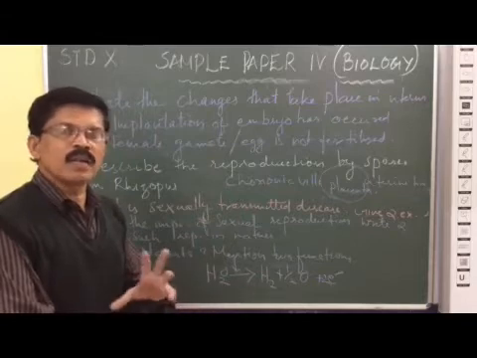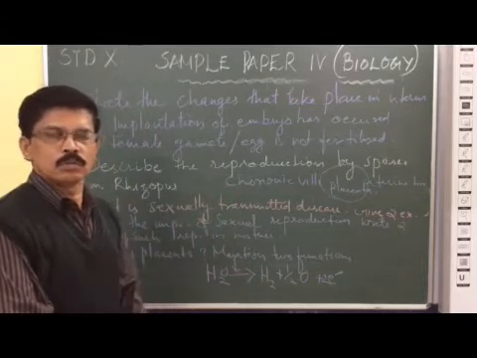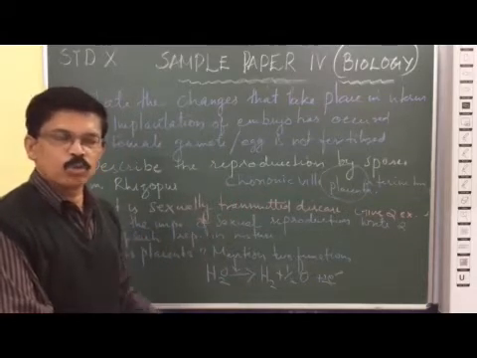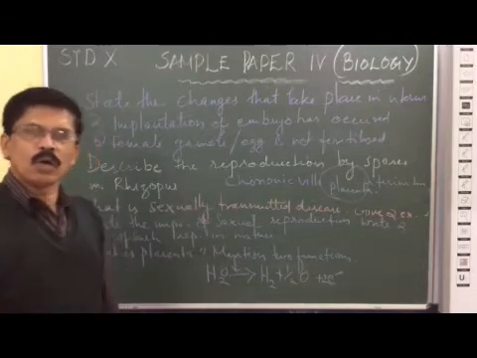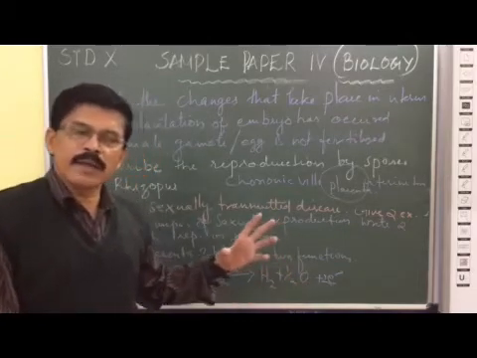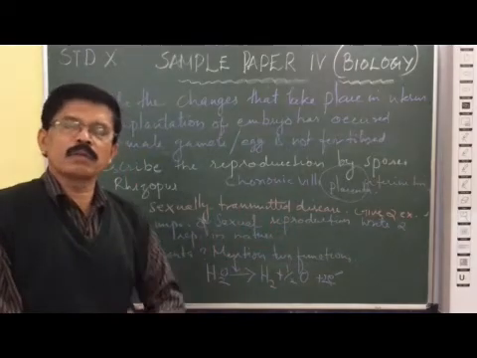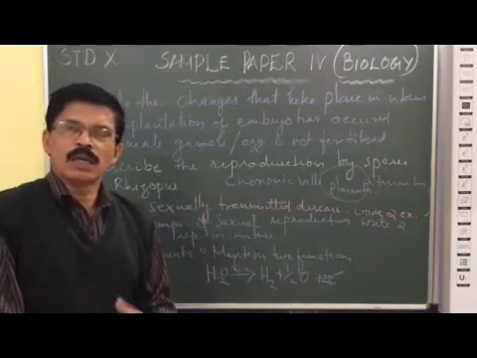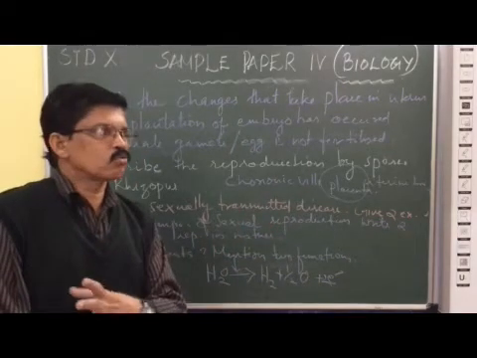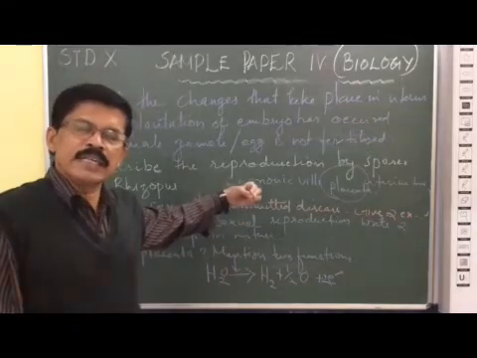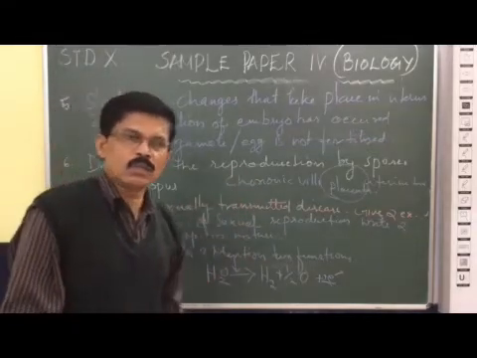Placenta is the functional tissue. You know that. Because through this placenta, the oxygen and nutrients from the mother's side enter the fetus, and from the fetal side waste materials like carbon dioxide and nitrogenous waste are removed or taken into the mother's blood. So it is a functional junction.